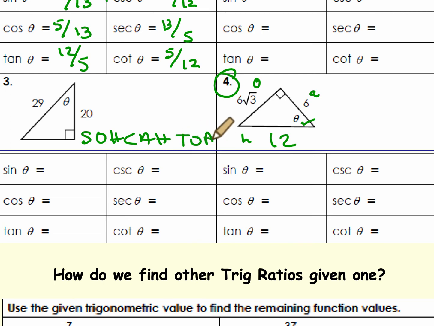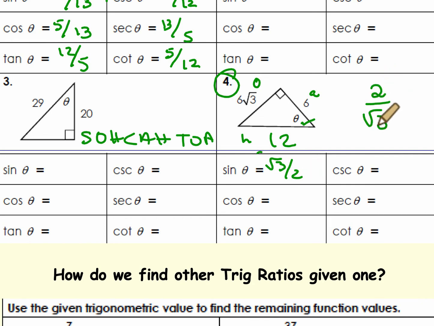Okay, so sine is opposite over hypotenuse, but I have to simplify it because 6 and 12 are both divisible by 6. So that's going to give me square root of 3 over 2. And if I reciprocate square root of 3 over 2, I get this.